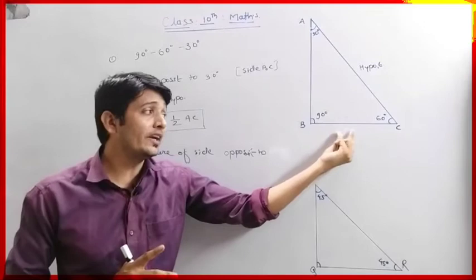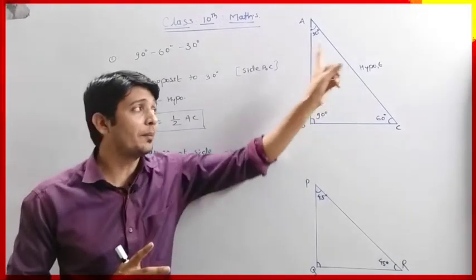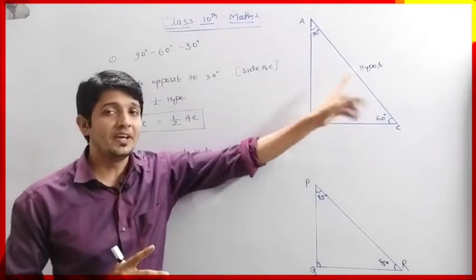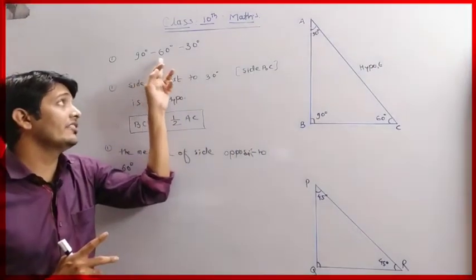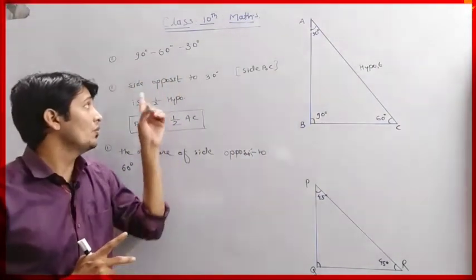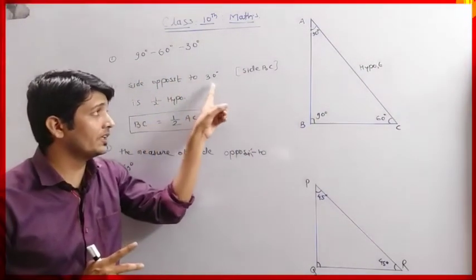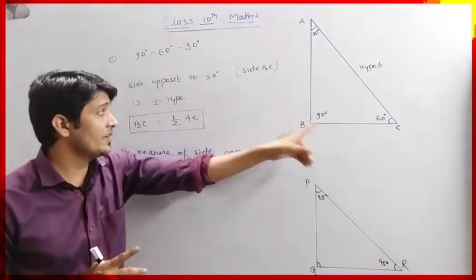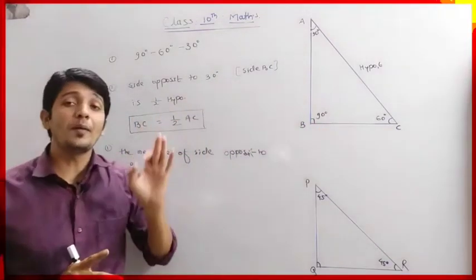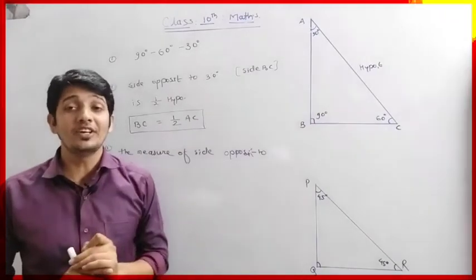So we are calculating the length of BC by comparing with the hypotenuse. In the 90, 60, 30 theorem, the side opposite to 30 degree, that is side BC, is half of the hypotenuse. See, it is very interesting.